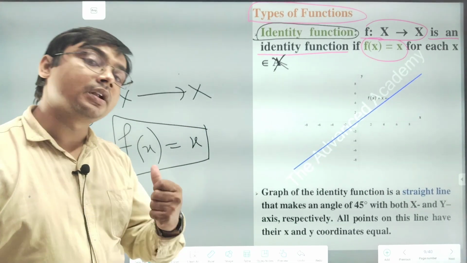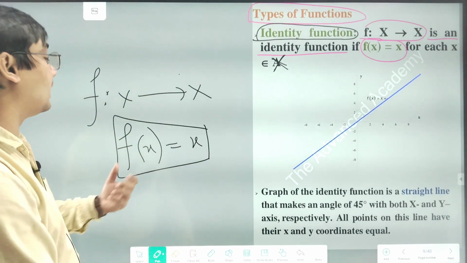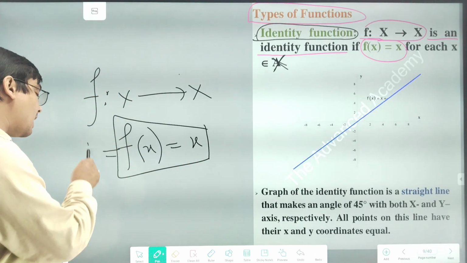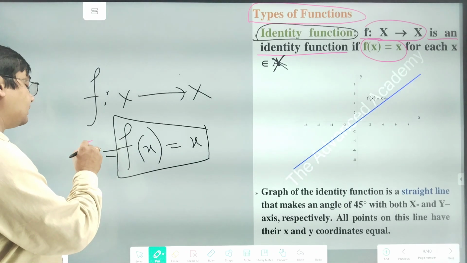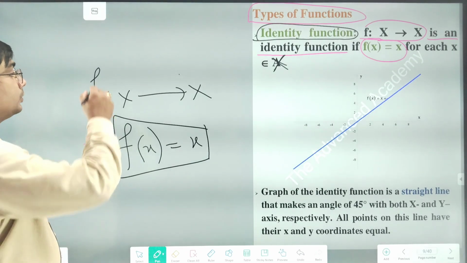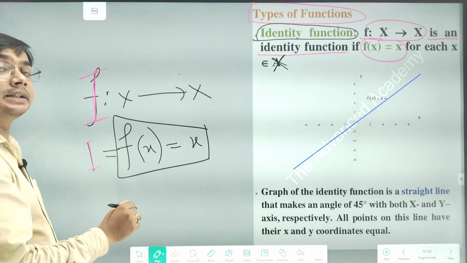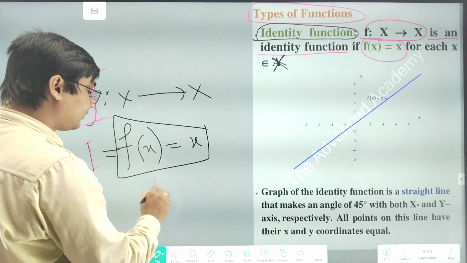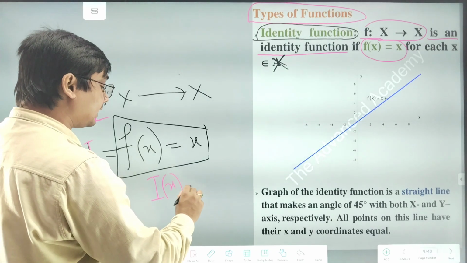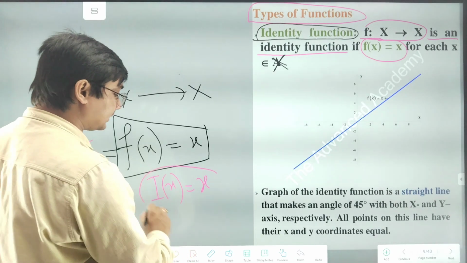Then the function is called the identity function. In general, the identity function is denoted by I, meaning identity function, so in place of f we put I. We write it like this: I of x gives x.